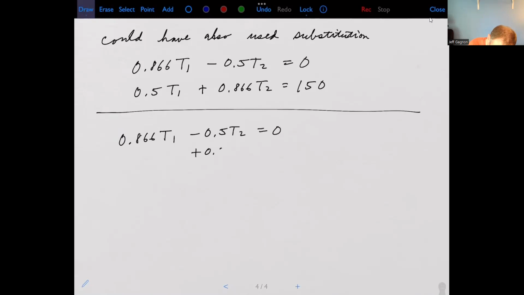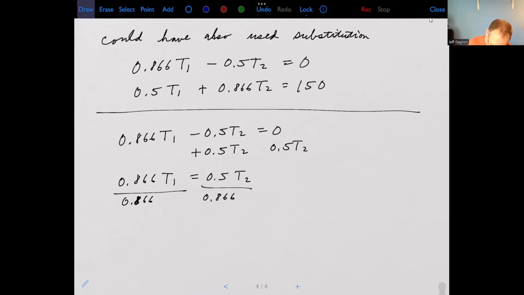So I'm going to add 0.5 T2 to both sides, and I get 0.866 T1 is equal to 0.5 T2. I'll divide by 0.866. Whatever I do to one side, I have to do to the other side. So you're going to find that T1 is equal to, if you do that division, 0.577 T2.